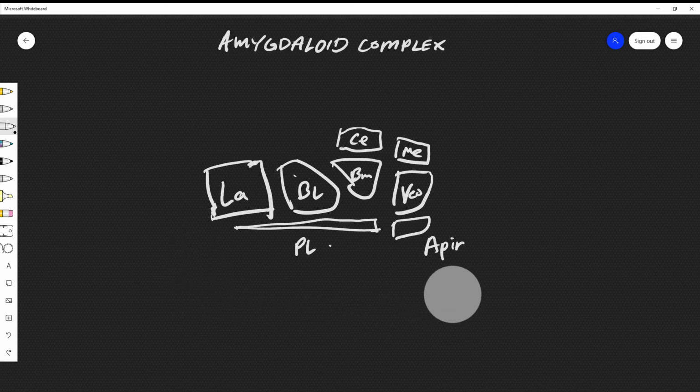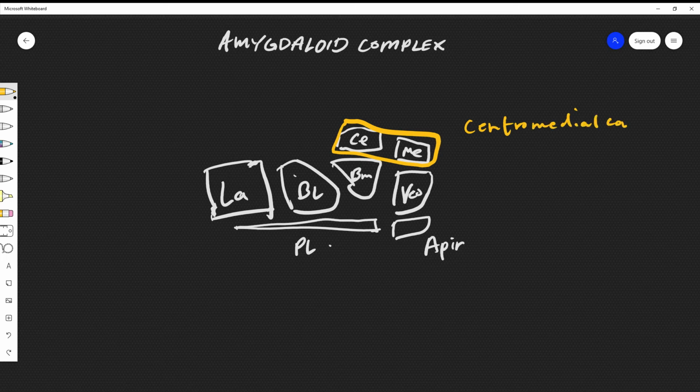All right. So within these, these will be called the nuclei, these specific regions, but they are often grouped into clusters or complexes. So in the link that I've sent, this is the centromedial complex. This one, let me do this one in black.